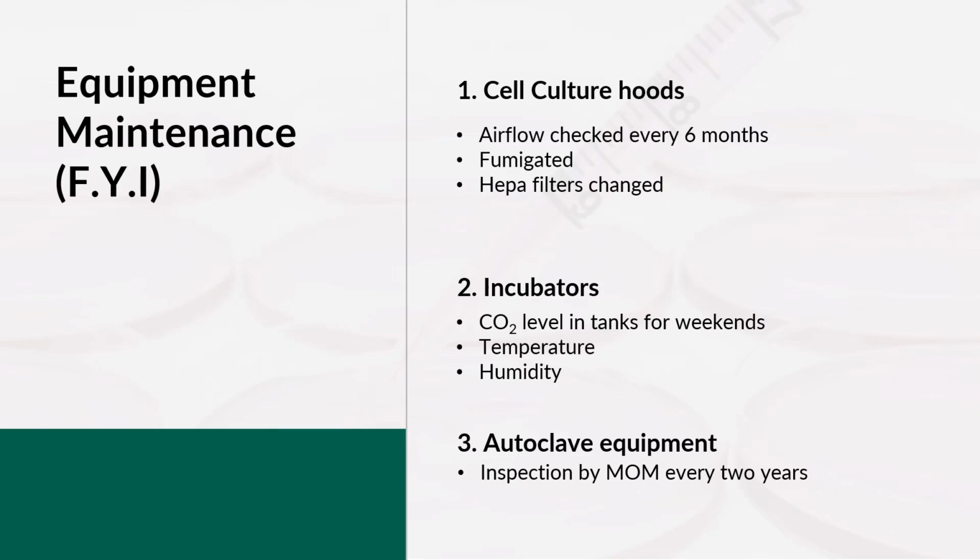Secondly, you do some kind of fumigation because it is done to eliminate any kind of pests or pathogens that may be present in the environment, and it is an important step to maintain hygiene and prevent the spread of diseases and contaminations. Third one is the change of the HEPA filters.